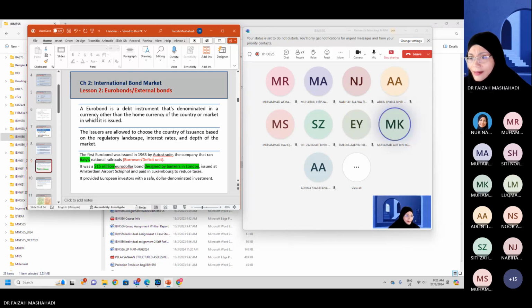Denominated in home country currency in the Malaysian market. Proton issues a bond denominated in RM within Malaysia.